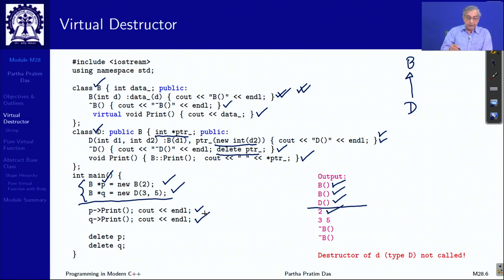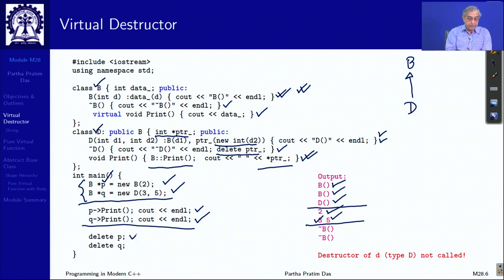Therefore, it will call this print function, which in turn will first print the base part, which is 3, and then whatever has been created as pointed data, yes, 5. Done up to this point.